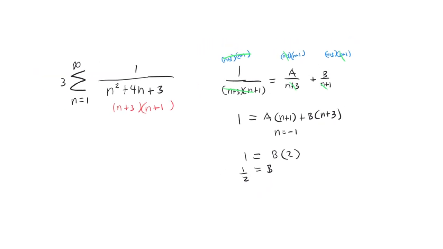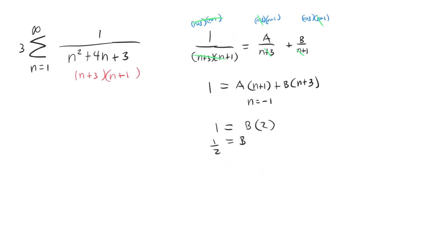And if we also imagined another scenario where n equaled -3, then we have 1 equals a times -2, and the b part would cancel, so a would be equal to -1/2.